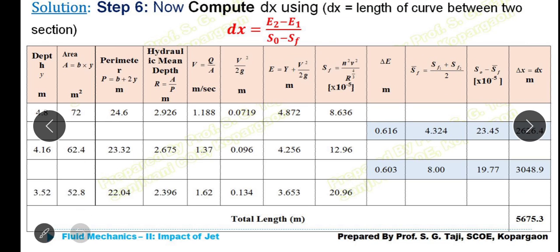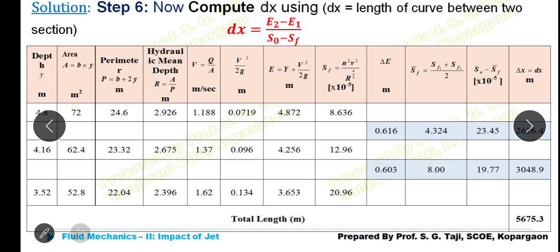Now the depths are 4.8, 4.16, 3.52. Then you have to calculate area. Area is equal to B into Y. What is B? 15. 15 into 4.8 is 72, then 62.4, 52.8. You can calculate and put it using a calculator. You need not write on paper in the exam.